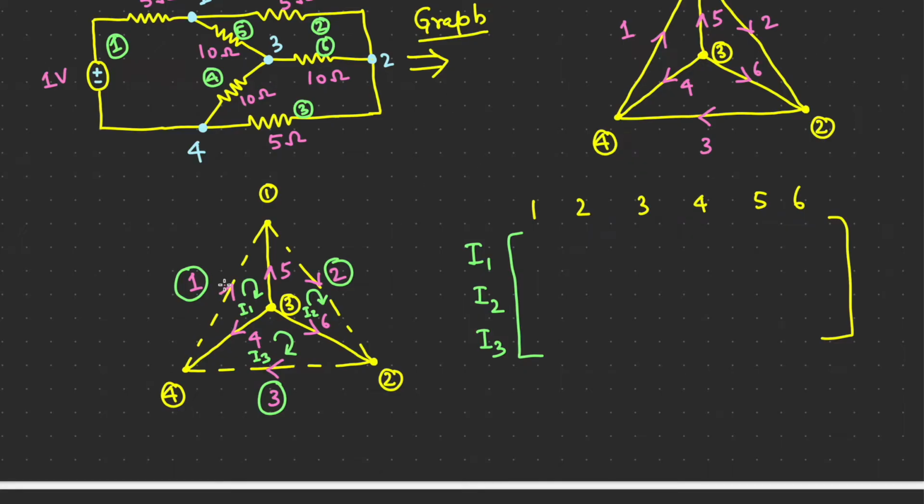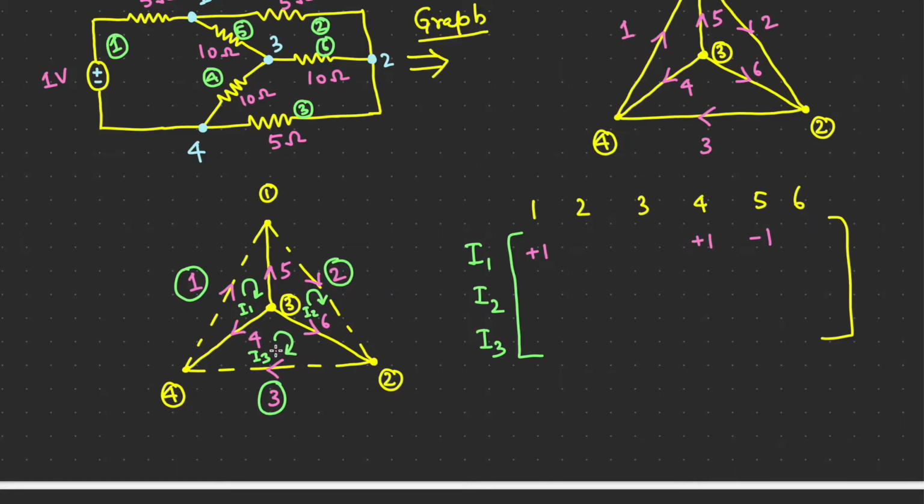When I am moving in loop 1, branch number 1 is in the same direction as the link, so it is a link. Then this tree branch is opposite to this direction. So at 1 I will write +1, but at 5 I will write -1. Then this loop completes with the fourth branch, which is in the same direction as the loop, so I will take +1 over here.